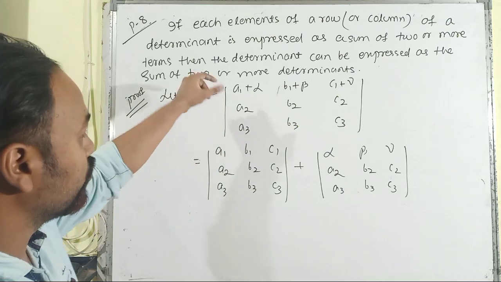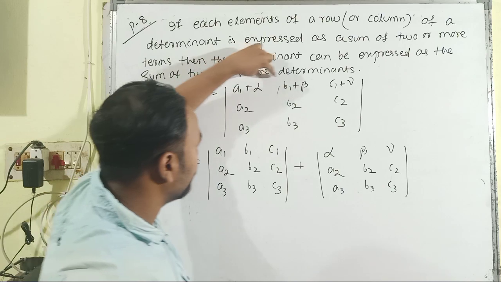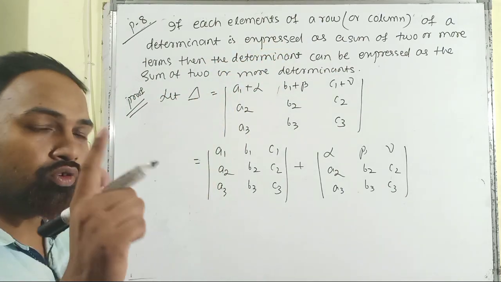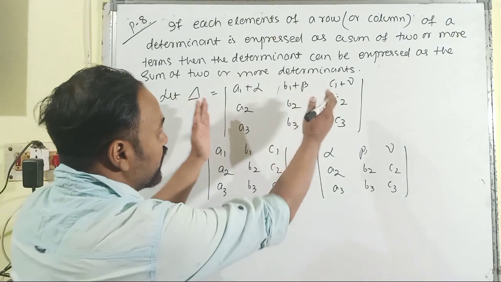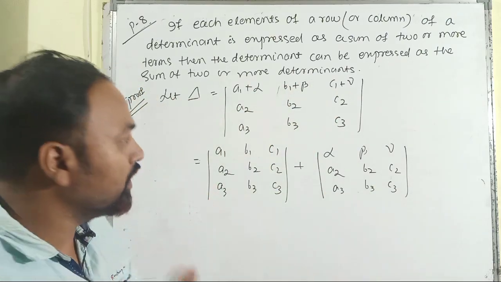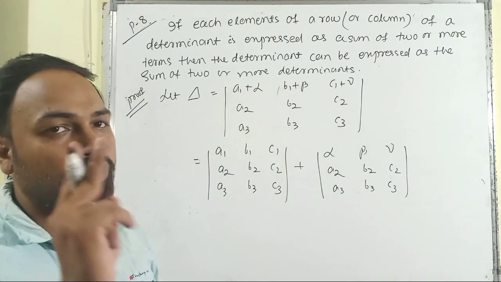Let delta be the determinant of these elements, and you can see that by considering the first row, all of the elements are expressed as the sum of 2 elements. Then this determinant can be separated into the sum of 2 determinants, because all of the elements of the first row are the sum of 2 terms.